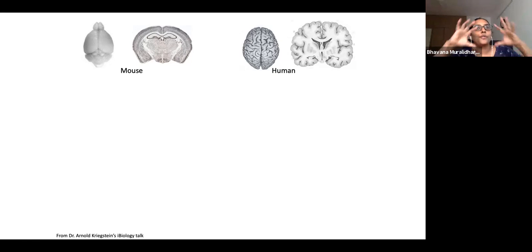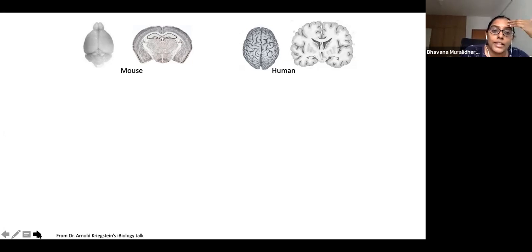Because the expansion has happened too much to fit the entire brain into the skull, the brain has folded onto itself, and you can see that very clearly here. This is a cross-sectional view of the mouse brain. You can see the smooth brain, and this is the neocortex here, and this is the hippocampus here. And a similar cross-sectional view of the human brain will show you that because the neocortex has expanded, it has folded into itself into gyri and sulci, and that's what has led to the formation of a gyrencephalic human brain.